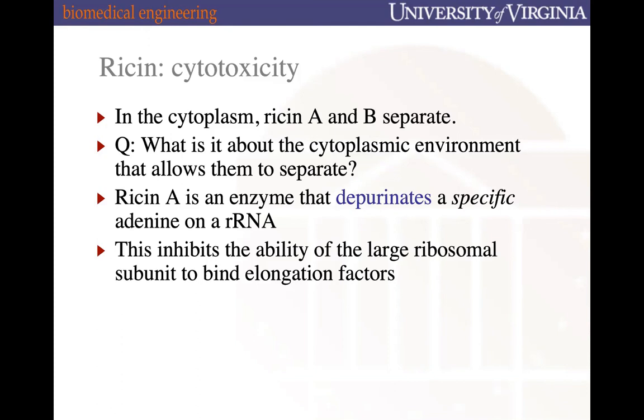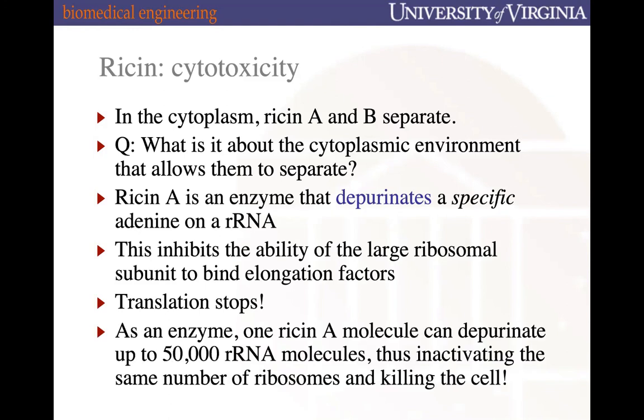And so that depurination is going to alter ribosomal RNA, subsequently altering our ribosomes, and it's going to inhibit the binding of the ribosome subunits to the elongation factors, and it's going to stop translation. If you're stopping the elongation factor, you're stopping elongation, you're stopping translation. So that's how ricin acts and why it's so deadly.